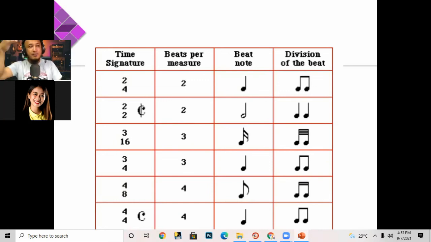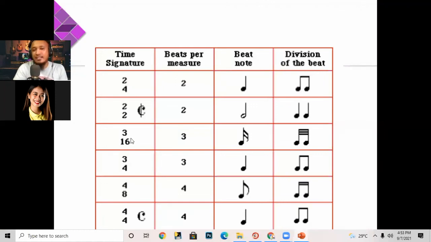Kailangan, you read the number itself. Walang TH. So, for example, we have 2/4, 2 bits per measure. Quarter note receives 1 bit. 2/2 is also known as cut time signature. 2 bits per measure and half note receives 1 bit. Therefore, pag 1 bit ito, this is 1 half, 1 half.